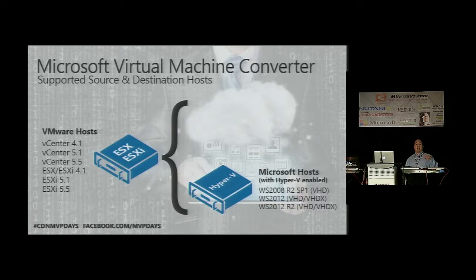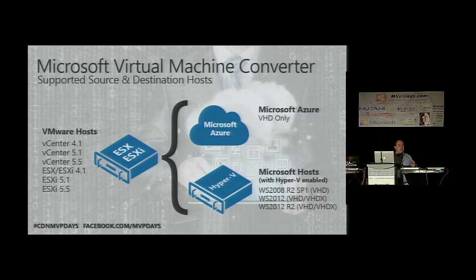When you select the endpoint, Hyper-V, of course there are different capabilities regarding the VHD, for example. 2008 R2 doesn't support VHDX, so the only option is to convert the VMDK into VHD, and the tool does it for you very simply. The other way is Microsoft Azure.